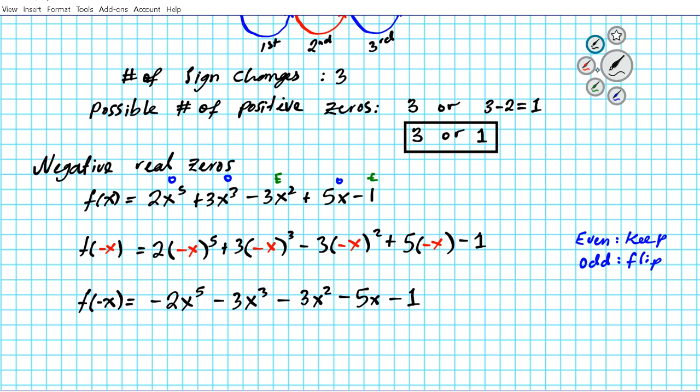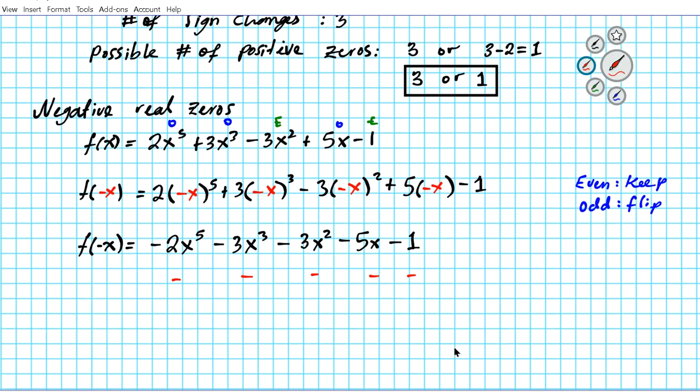All right, so remember, for the negative real zeros, we're looking at the sign variations or sign changes for f of negative x, which is what we just did. So let's outline the signs of each term: negative, negative, negative, negative, negative. How many sign changes or variations do we have here? Absolutely none. All negatives, okay?